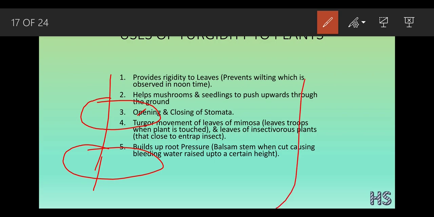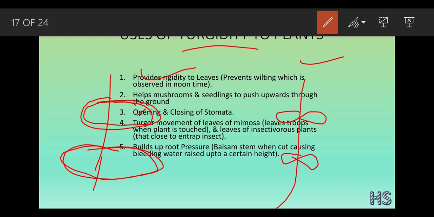After a certain period of time, this gets a bit shrunk up like this, okay. This size got shrunk up. If you can see this part, this is the perfect leaf of a mimosa, well, not a perfect leaf, but it's an explanation part. And in this part, it got closed, okay. So the mimosa droops when the plant is touched. Turgidity helps the mimosa plants to stay in this condition.